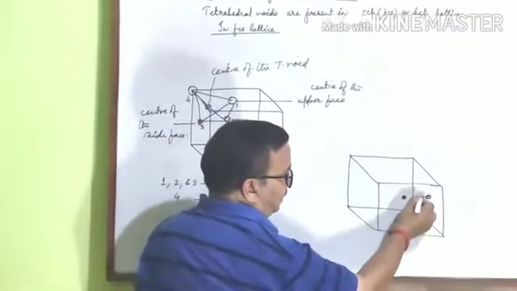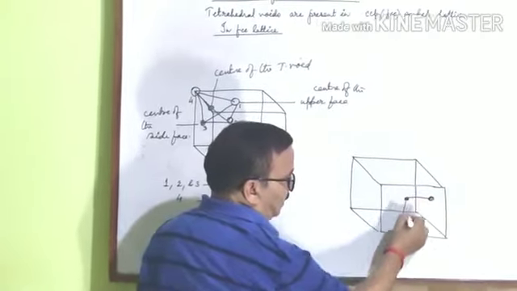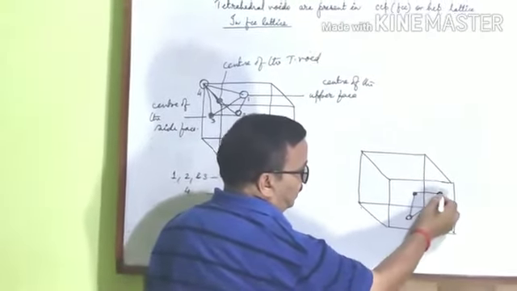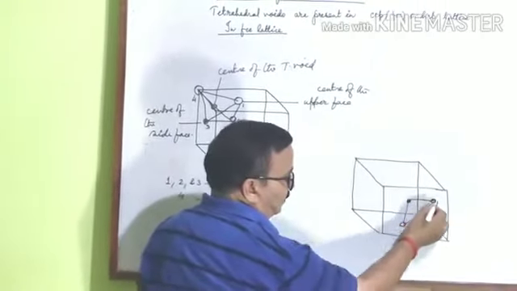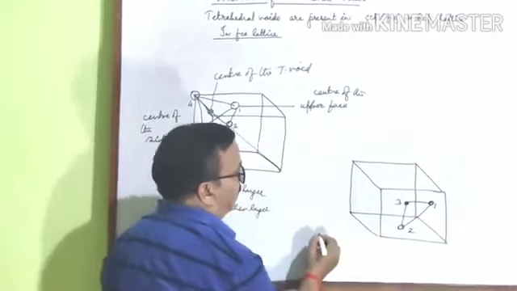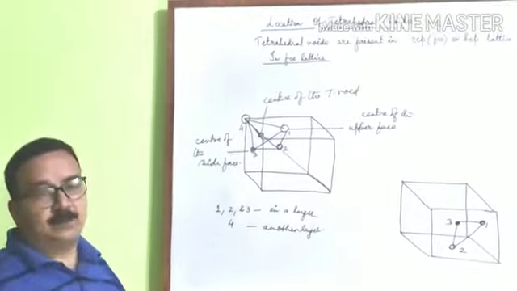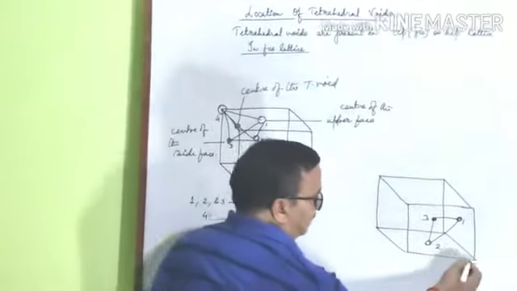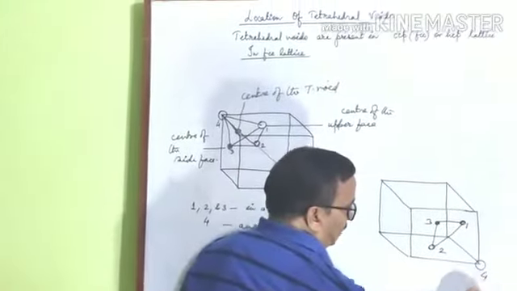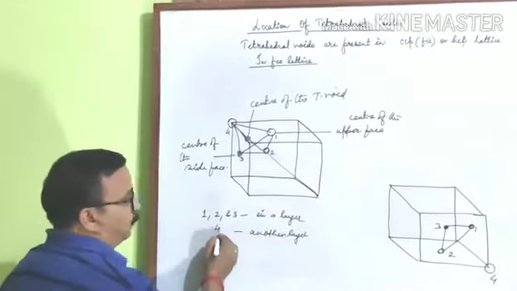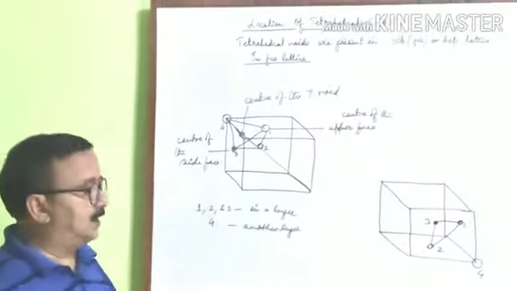If we connect these three, then again a triangular base is formed. Suppose these are spheres 1, 2 and 3. So again spheres 1, 2 and 3 are present in one layer, and this is the sphere number 4. So sphere 4 is present in another layer.